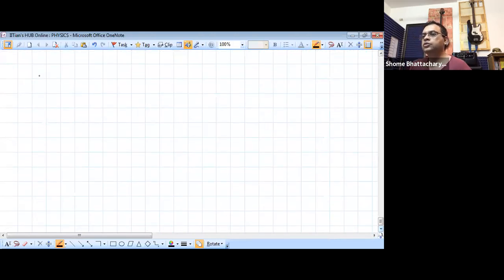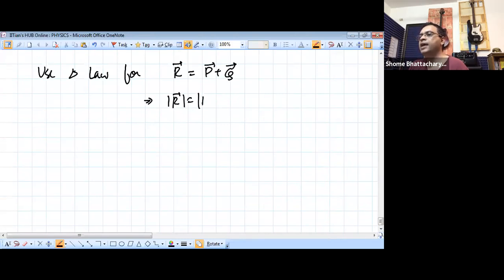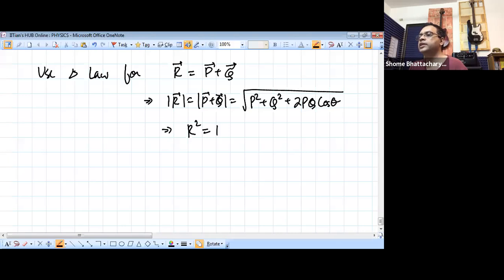So use triangle law for the relation R is equal to P plus Q. What this tells us is that magnitude of R is equal to magnitude of P plus Q, which is root of P square plus Q square plus 2PQ cos theta, or we can say R square, by squaring both sides, is P square plus Q square plus 2PQ cos theta. This is our first.